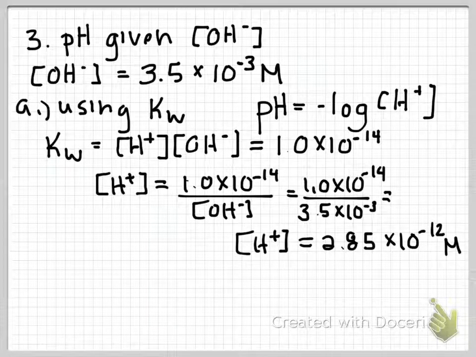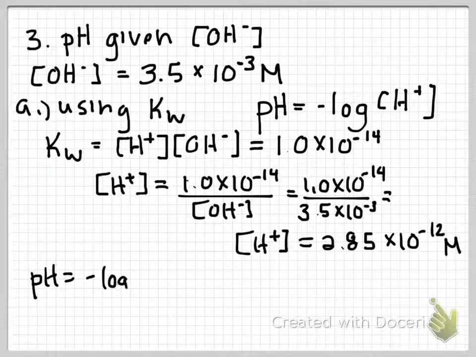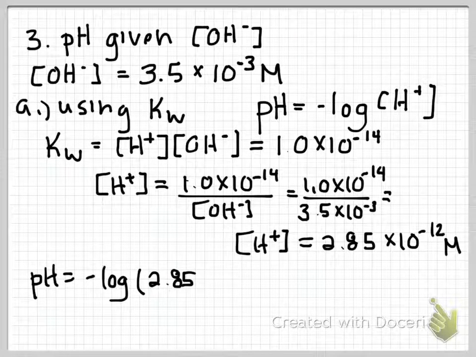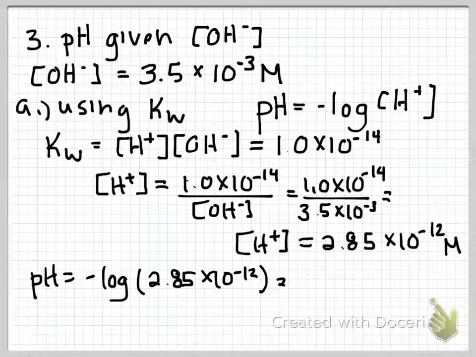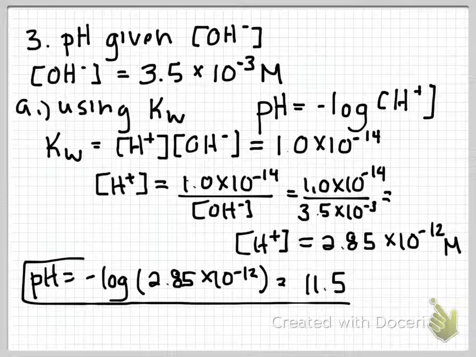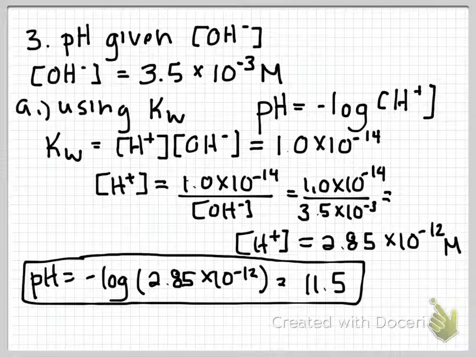Now, if I want the pH, I'm going to take the negative log of this number, 2.85 times 10 to the minus 12th. And I get a pH equal to 11.5. So it shows that we have a basic solution.